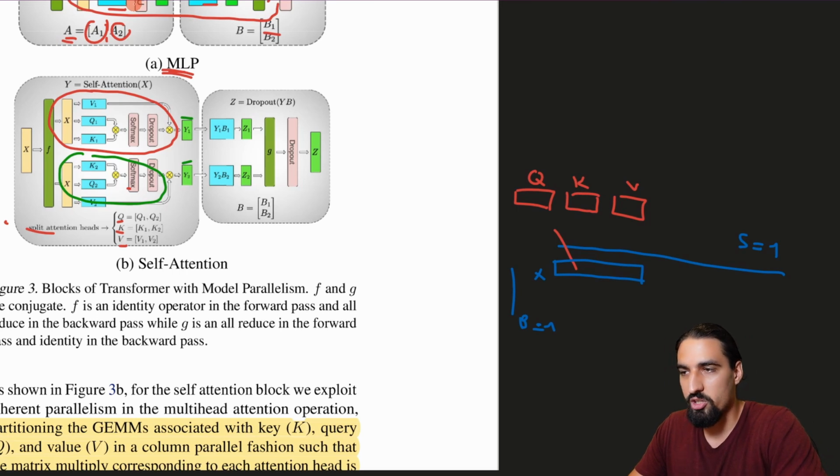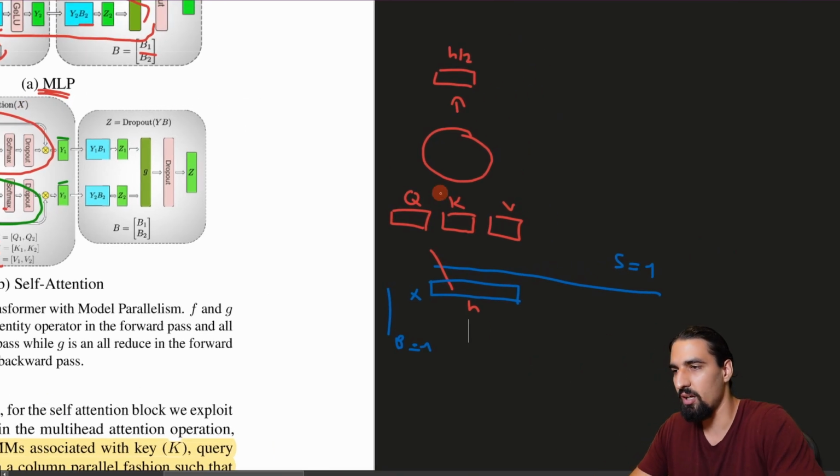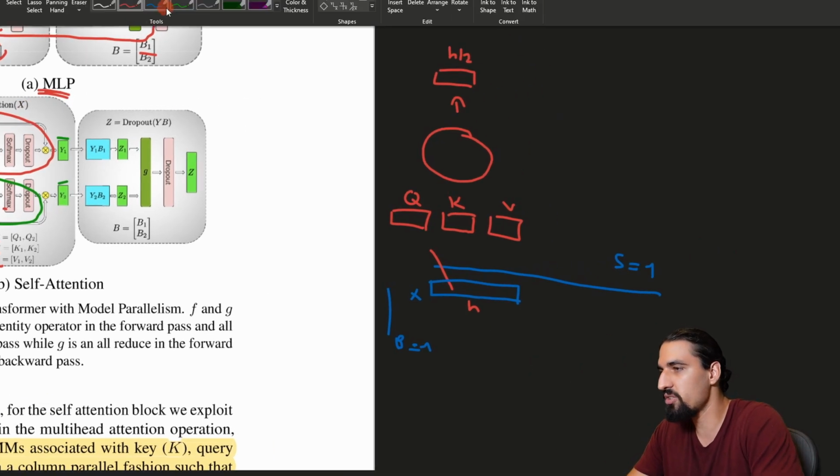Now you do your magic of the transformer, and you end up with the final representation, which is again 2x smaller. If this is H, this is H/2. And you just do the same thing on the separate device. You'll do the same logic.